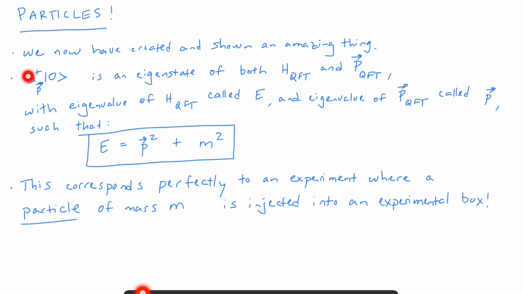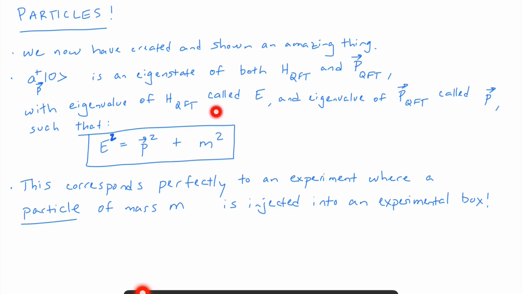A dagger p acting on the ground state is an eigenstate of both the Hamiltonian for the QFT and the total momentum operator for QFT, with an eigenvalue E, the energy of this thing, and an eigenvalue of the total momentum, p, such that E squared is equal to p squared plus m squared. I apologize, this needs to have a squared. This is Einstein's E equals mc squared relationship, but now for a moving particle.